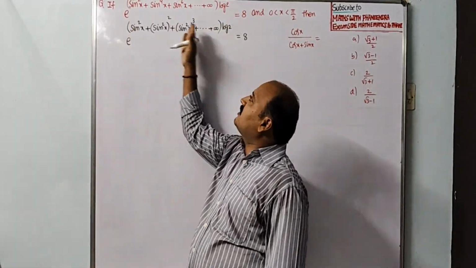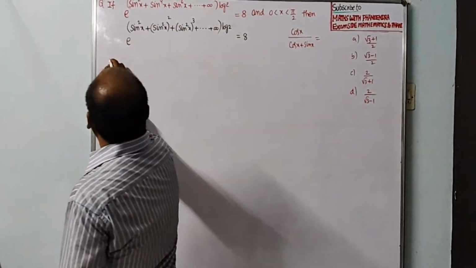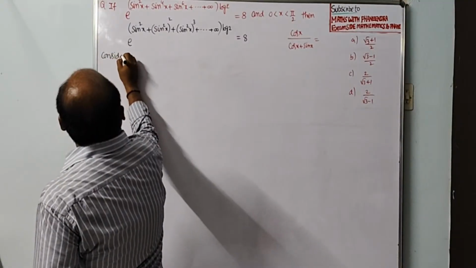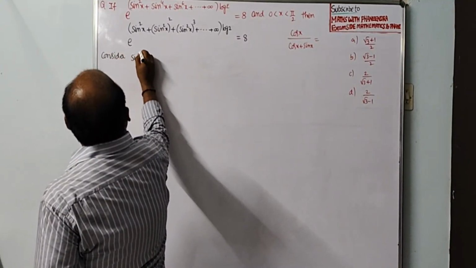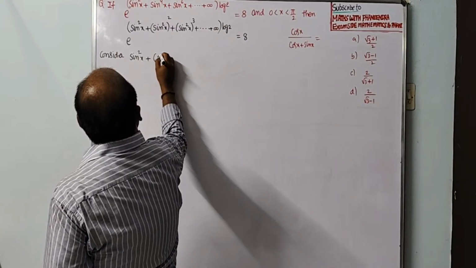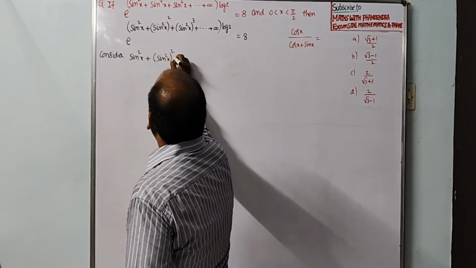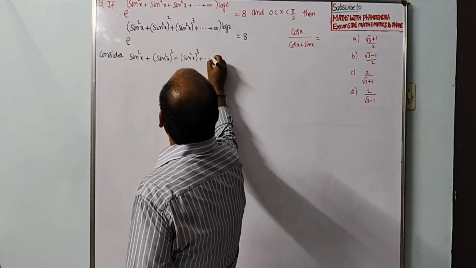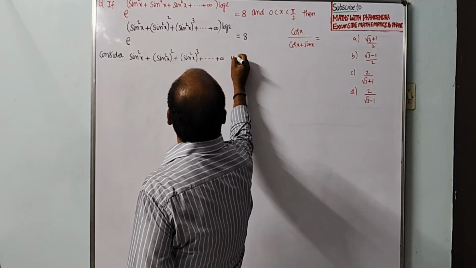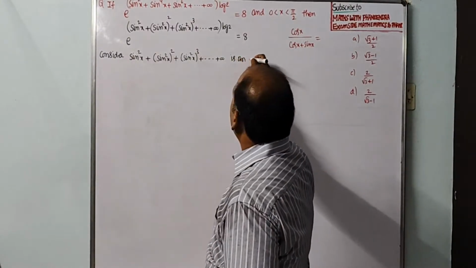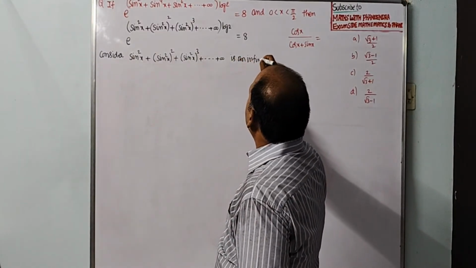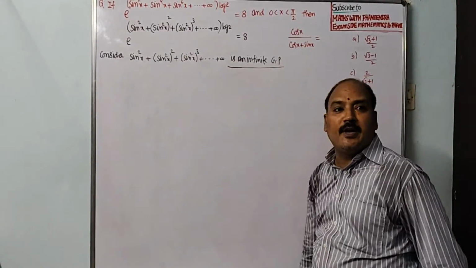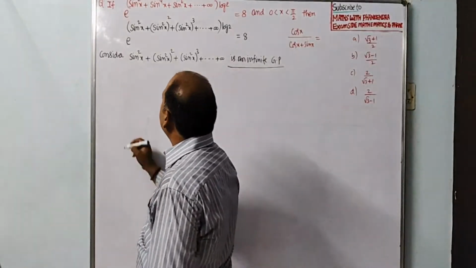So I am taking that exponent value. Here, sin square x plus sin square x whole square plus sin square x whole cube and so on up to infinity is an infinite GP.